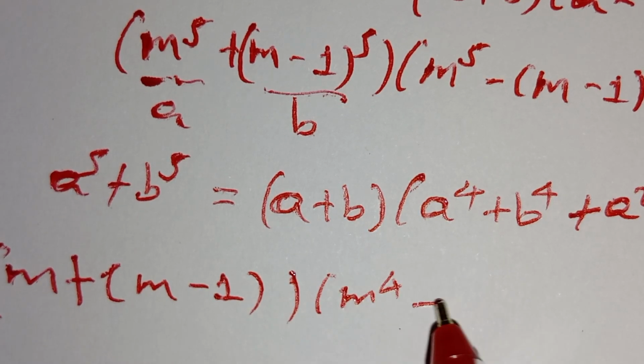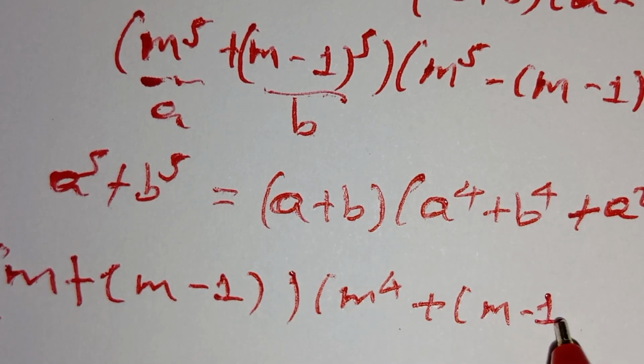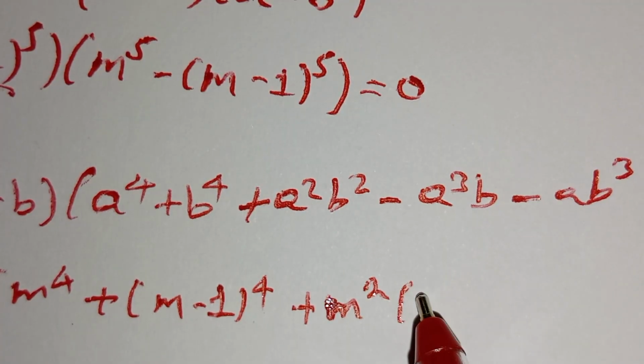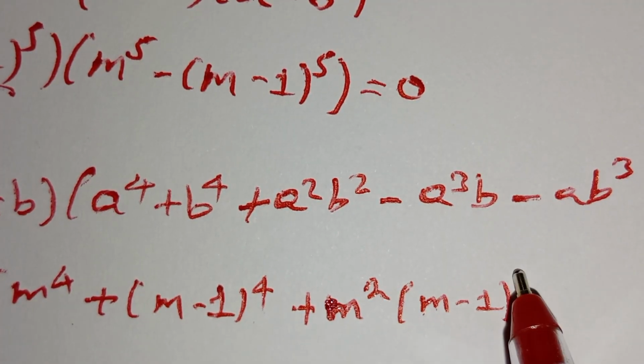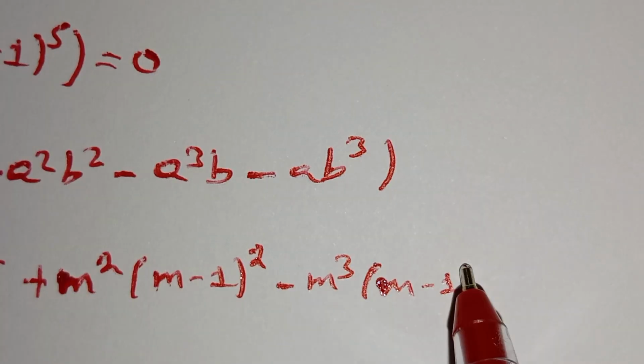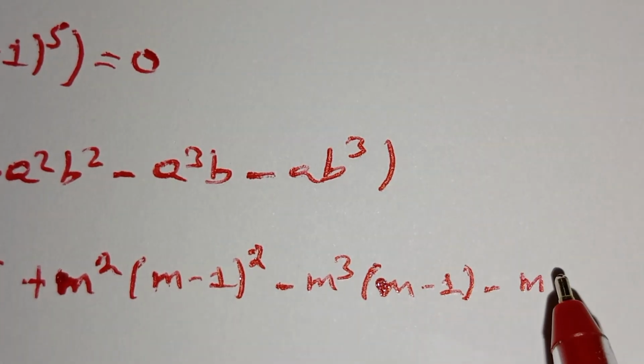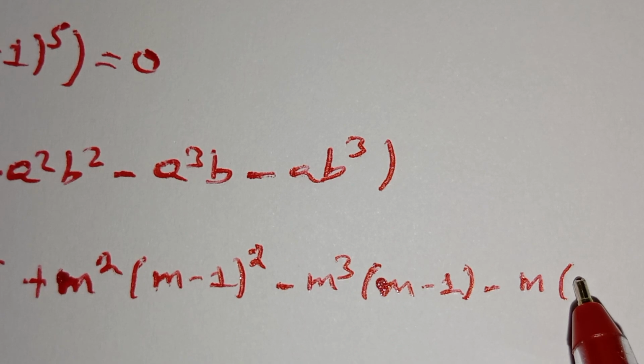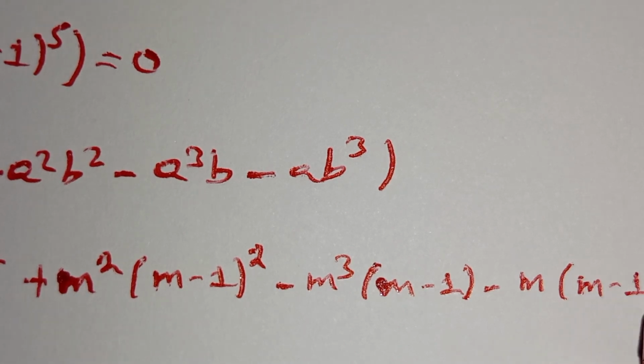times m4 plus (m minus 1) to the power of 4 plus m square into (m minus 1) square minus m cubed times (m minus 1) into (m minus 1) cubed.